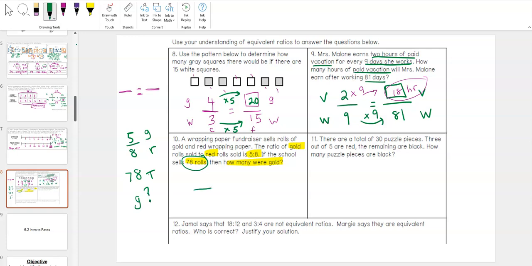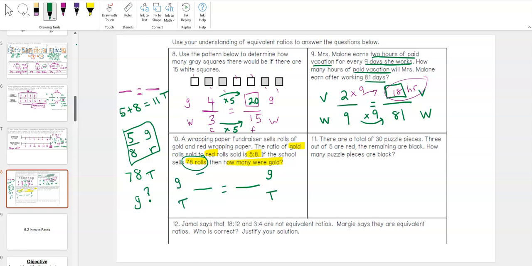So what I find interesting here is that my final ratio, in order to find my answer, I need to compare gold rolls of paper to total rolls sold. But in my original ratio here, I don't have a total. They don't give that to me. So I'm going to have to do a little bit of math to find my total. 5 gold plus 8 red equals 11 total rolls of paper.